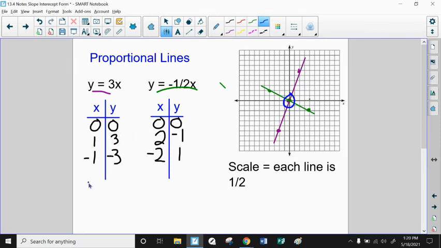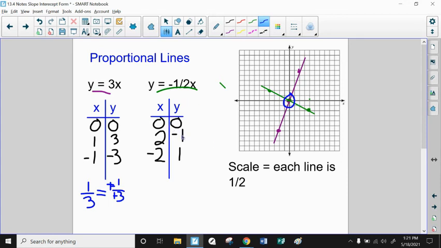So I have 1/3 as a ratio, and I have negative 1 over negative 3 as a ratio. Well, a negative over a negative makes the fraction a positive. And when I turn my ordered pairs into ratios, they will be the same ratio.